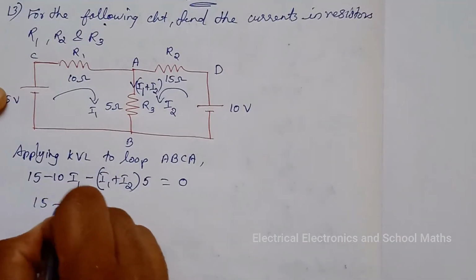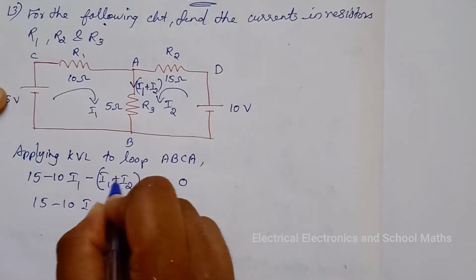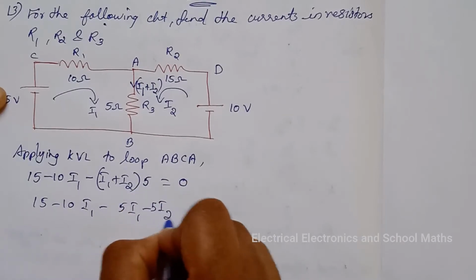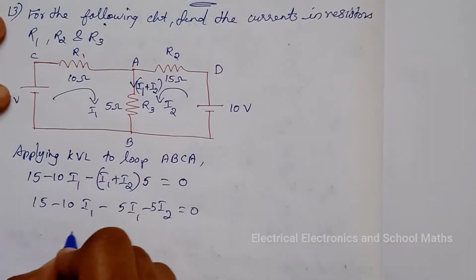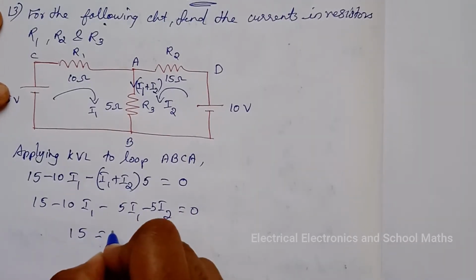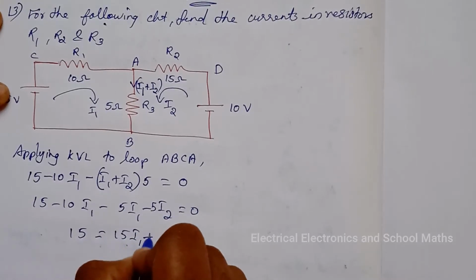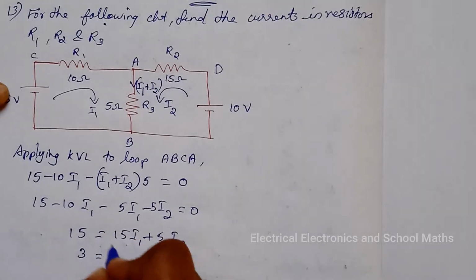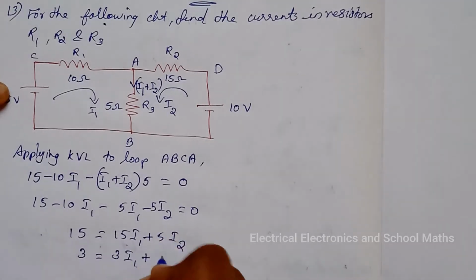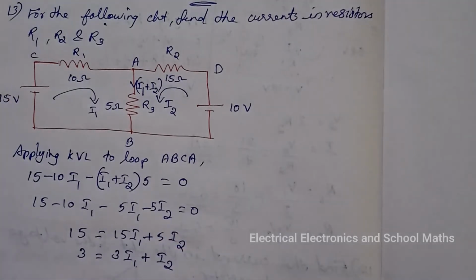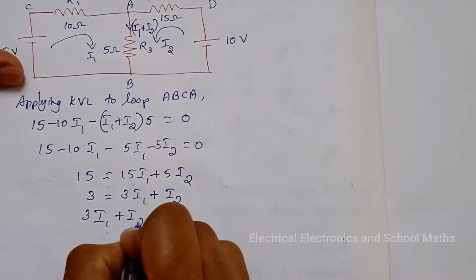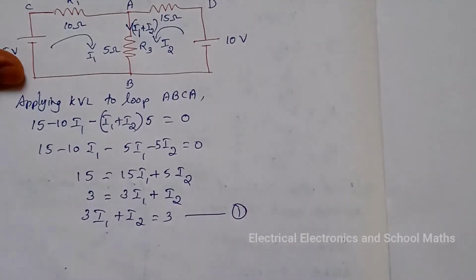Now simplifying, 15 minus 10 I1 minus 5 I1 minus 5 I2 equal to 0. Now we get 15 equal to 15 I1 plus 5 I2, that is, simplifying the equation, 3 equal to 3 I1 plus I2, that is 3 I1 plus I2 equal to 3. This is the first equation.